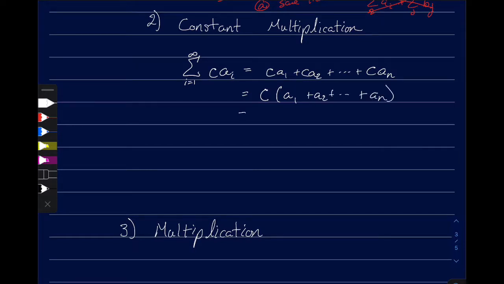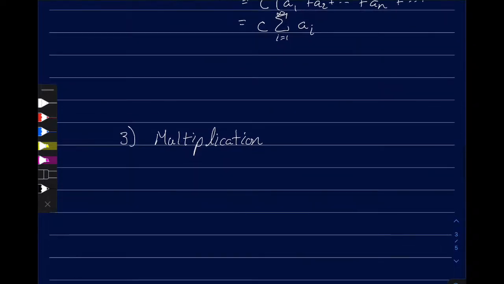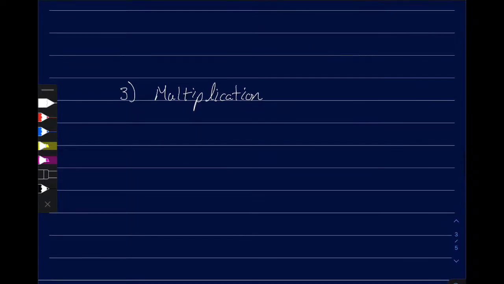We get c times a1 plus a2 all the way up to an, and so on. On the inside we just have the sum from 1 to infinity of a sub i. We don't stop at an, we just keep going. So all the constant multiplication property says is that we can take this constant and pull it out in front of the sum. It's the same thing as when we were talking about integration, where we can just pull a constant out of the integral.